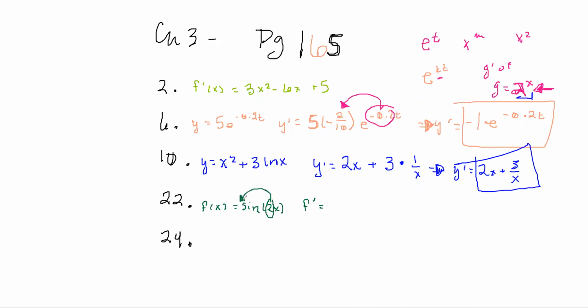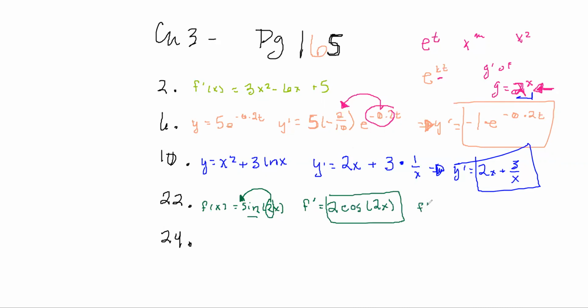I'm going to move that 2 out, like e to the kt, in that same kind of idea. We're going to say 2, and then the derivative of sine is going to be cos 2x. So f prime is going to be 2 cos 2x.